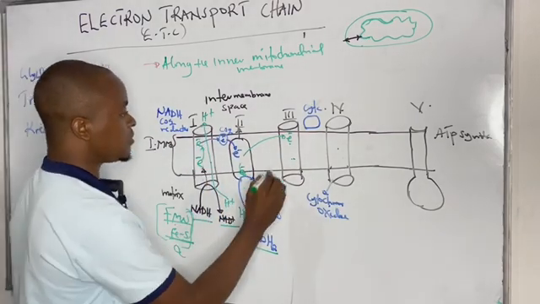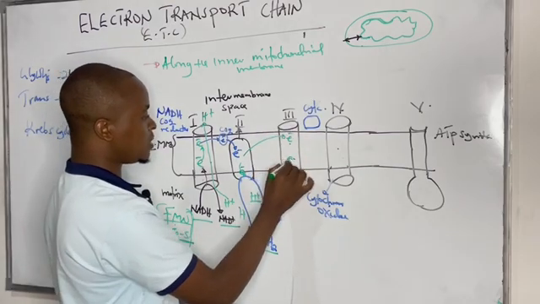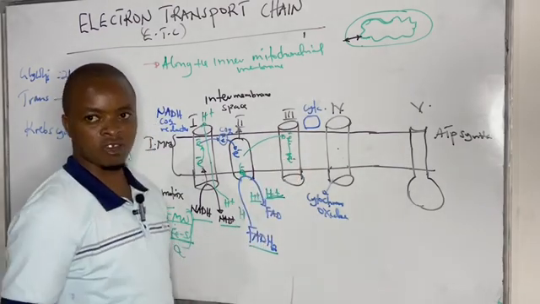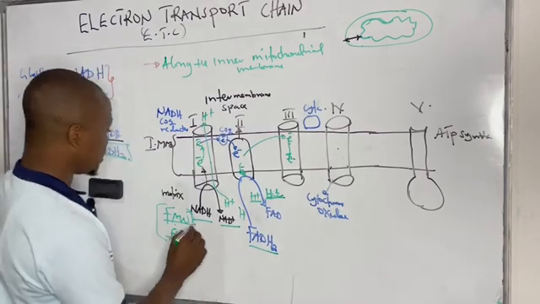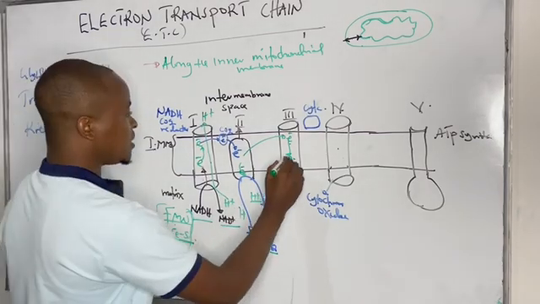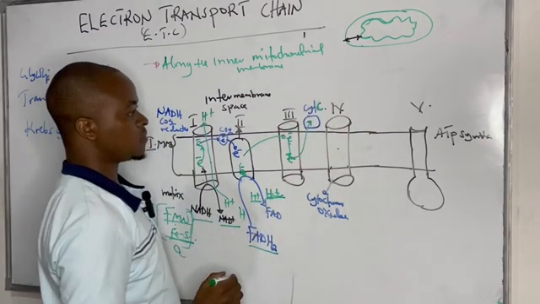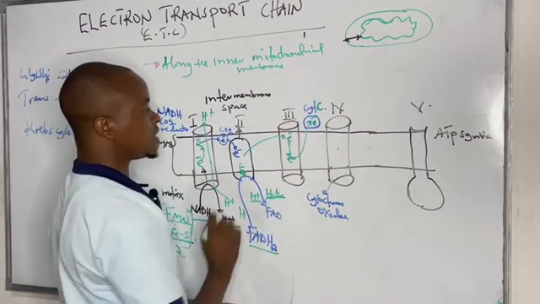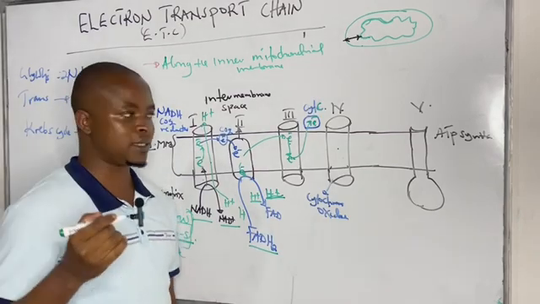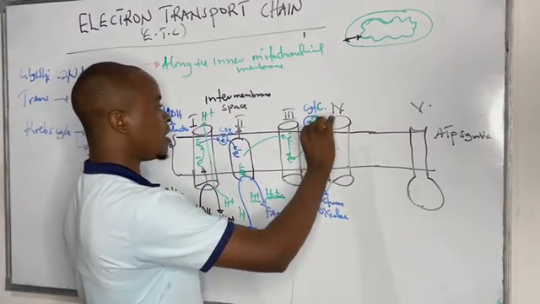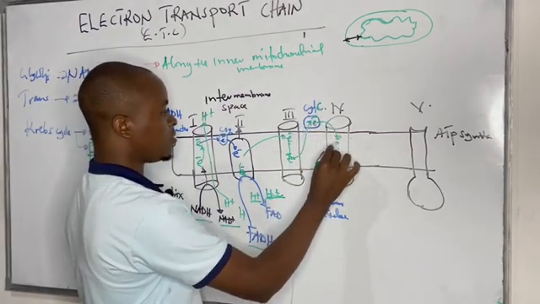This complex 3 also becomes excited by undergoing oxidation reduction reactions using these electron carriers, and they pass these electrons to cytochrome C. This is cytochrome C, and after receiving these electrons, it passes them over to complex 4.